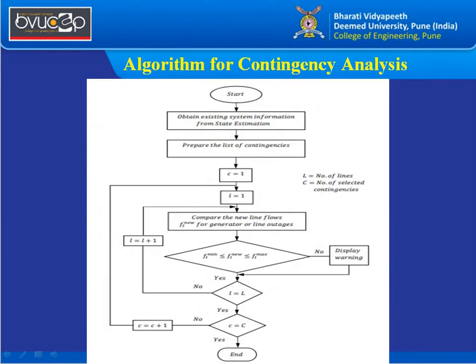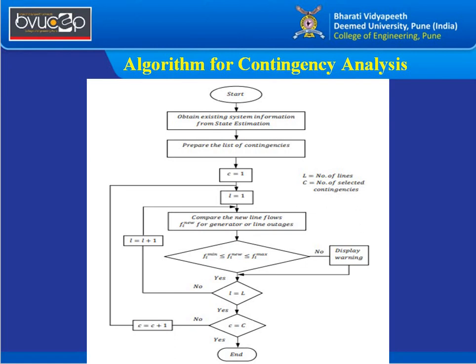So let us go to the last part, the algorithm for contingency analysis. As we have seen, we can start with the iteration: obtain existing system information from state estimation, the data collected from the measuring devices, that is the SCADA system or any conventional measurement devices.